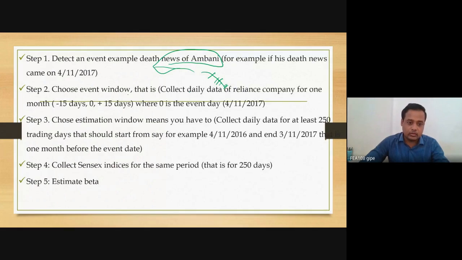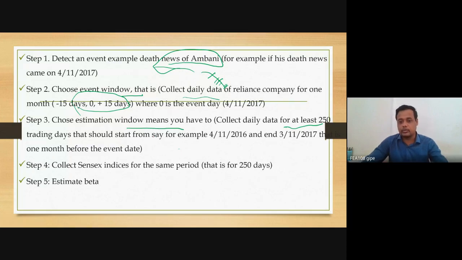Then you choose the event window, collect daily data of Reliance, and decide the event window, plus minus 15. Then choose the estimation window, collecting at least 250 days of trading data.